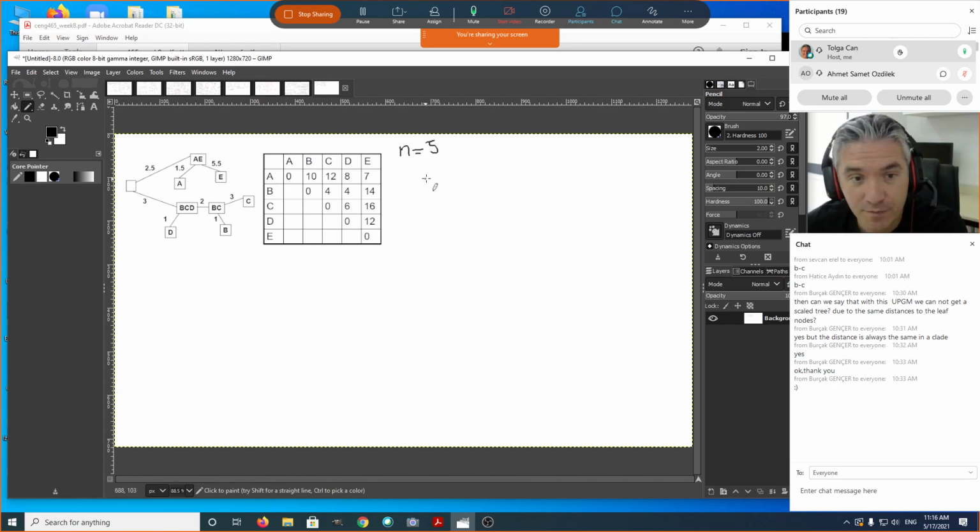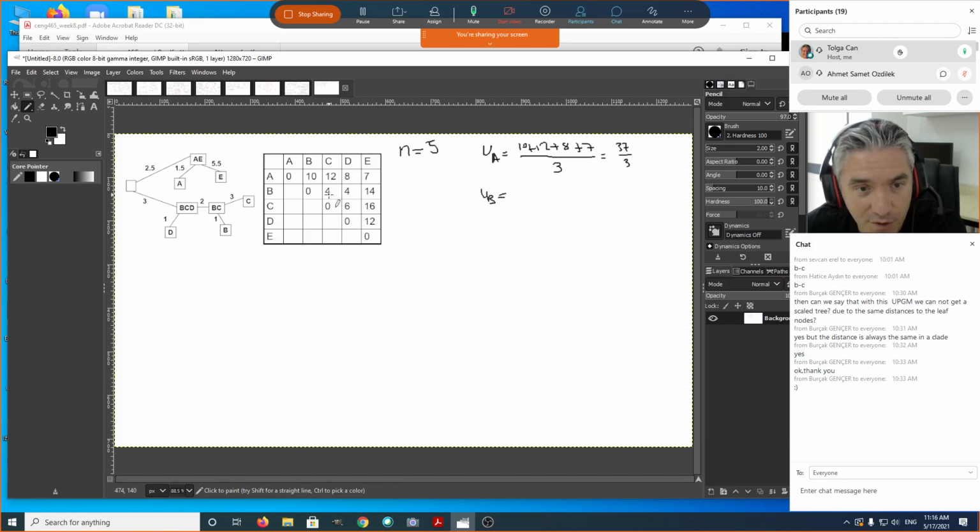So for A, UA is going to be equal to 10, 12, 8, and 7. Those four numbers divided by 3, which is 37 divided by 3. So UA is 37 divided by 3. UB is 10, 4, 4, and 14.